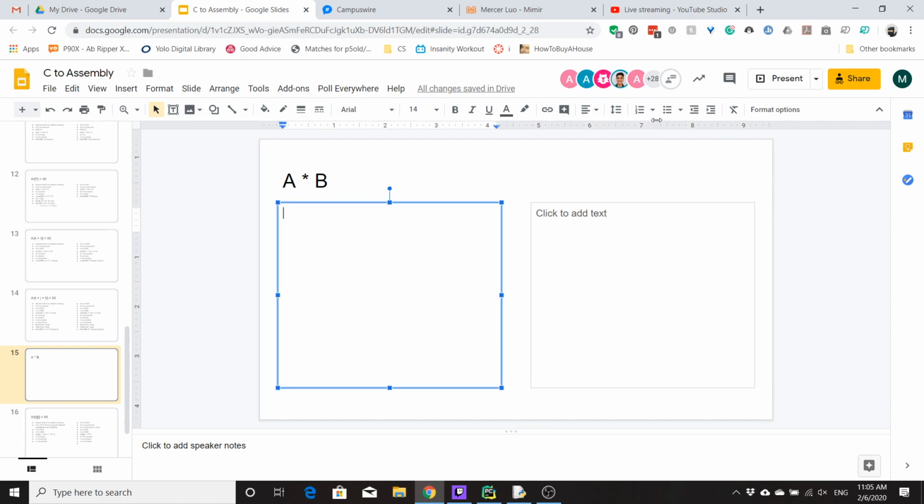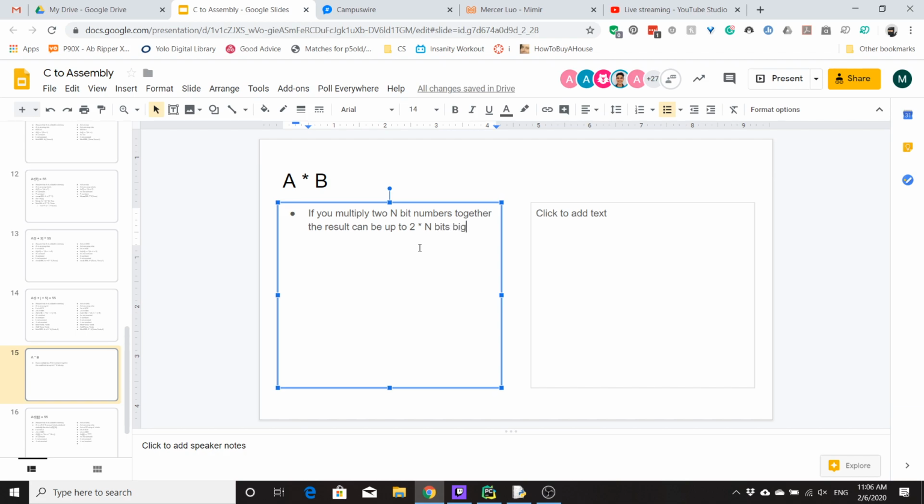One of the things about multiplication is that if you multiply 2 n-bit numbers together, the result can be up to 2 times n bits big.